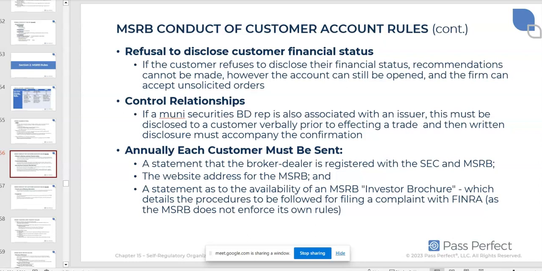Just member of. Notice the always very neutral language. Include the website msrb.org and that they can download an investor brochure, which describes how to file a complaint with FINRA. Why file with FINRA? Because the MSRB doesn't have enforcement authority. They rely on FINRA to do the actual enforcement.